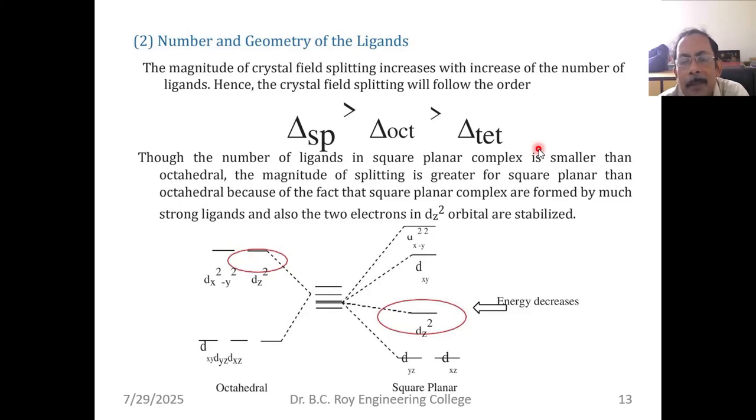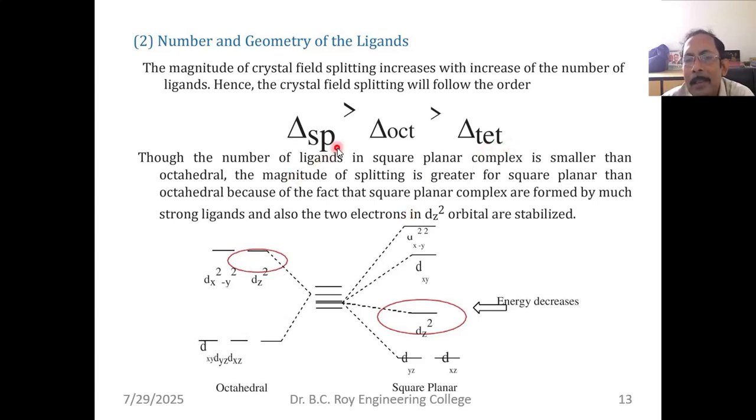Now delta SP is square planar, delta OCT is octahedral, and delta TET means tetrahedral. Square planar is found to give maximum splitting compared to octahedral, which gives more splitting compared to tetrahedral. This is because of bond angle.